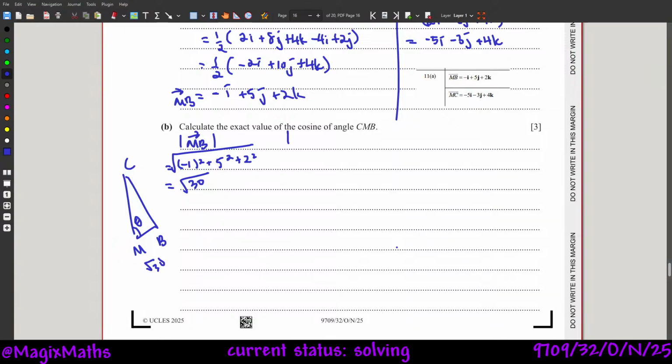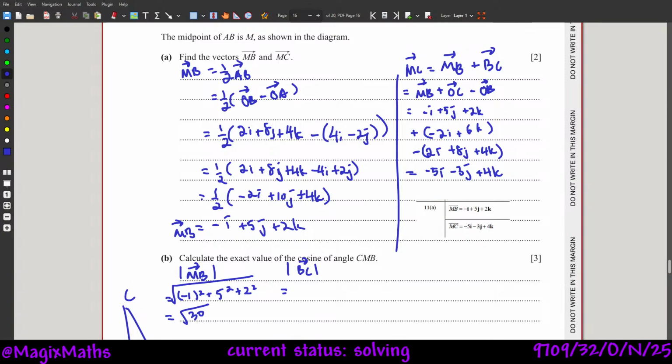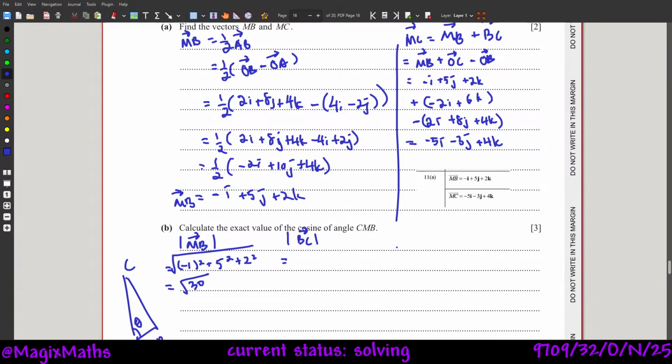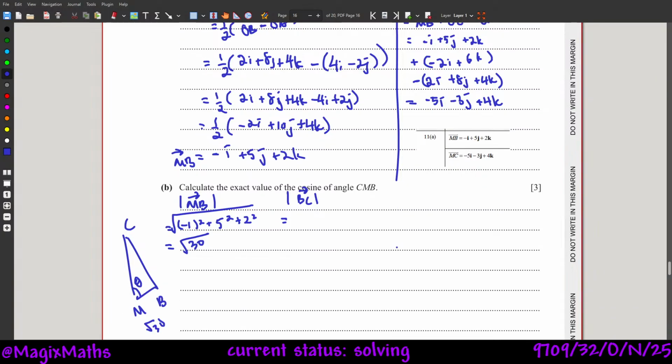And then BC is just, shoot. We're gonna have to find BC. So BC is -2 minus 2 is -4 squared. 6 minus, oops, almost got caught in that trap.